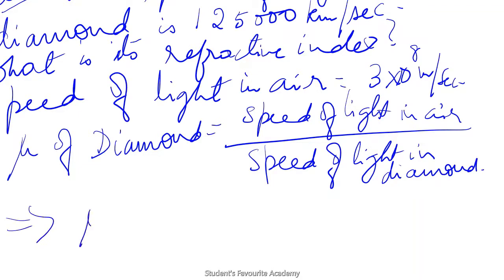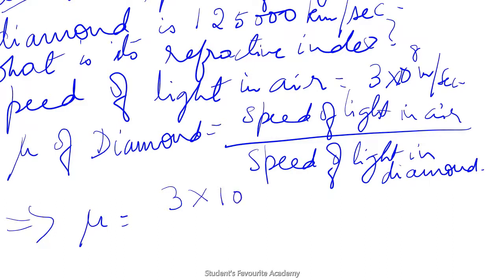So mu of diamond is equal to speed of light, 3 into 10 to the power of 8. The speed of light in diamond is given in kilometer per second, so let us write this also as kilometer per second.